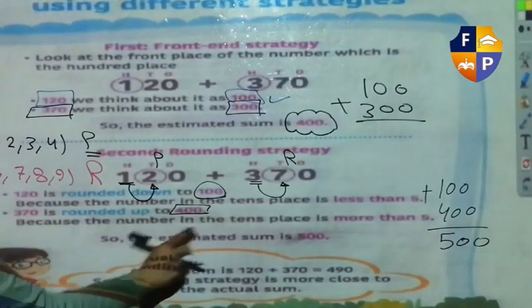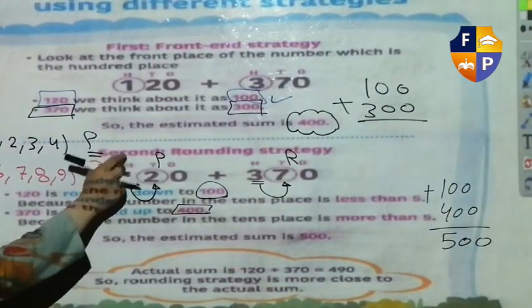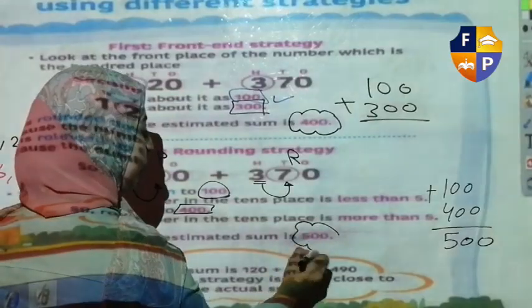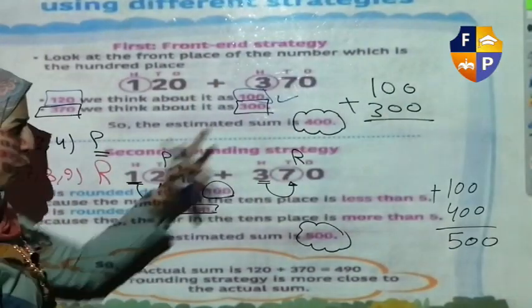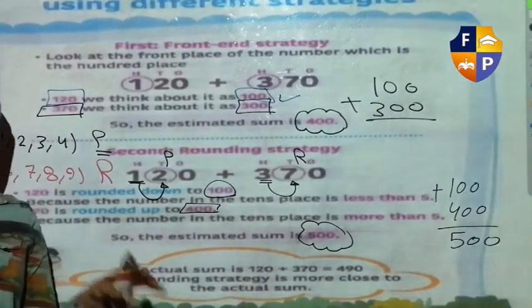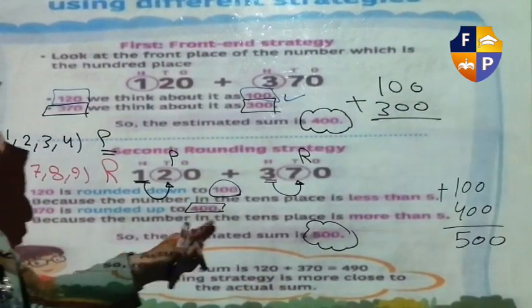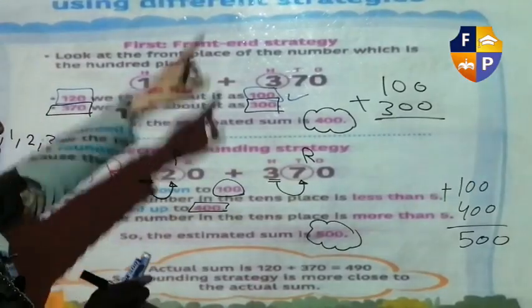So the estimated sum from the rounding strategy is 500 and the estimated sum from front-end strategy is 400, but the two estimated sums are different from the actual sum.